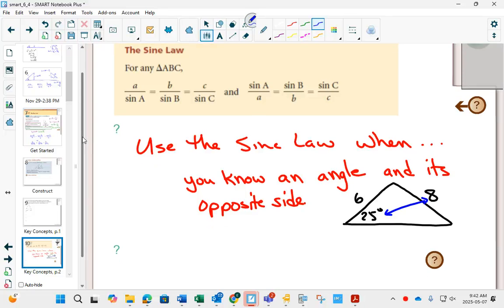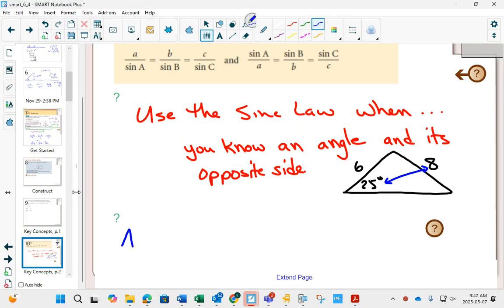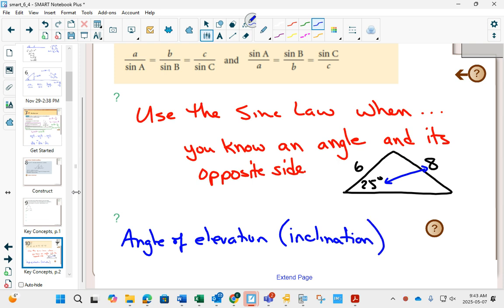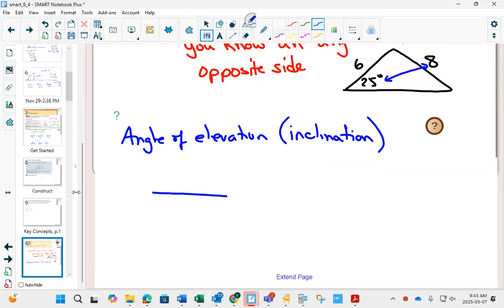Some other important definitions. Do you remember this from grade 9 and 10, an angle of elevation? It's when you look from the horizontal line, an angle of elevation is always looking up.